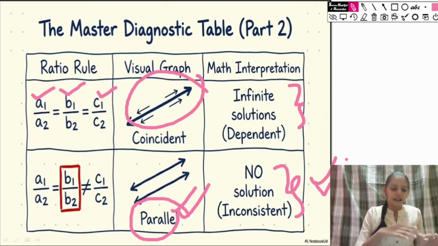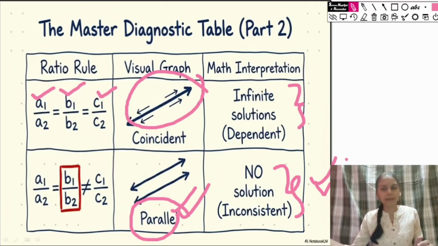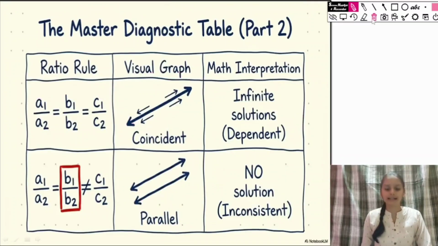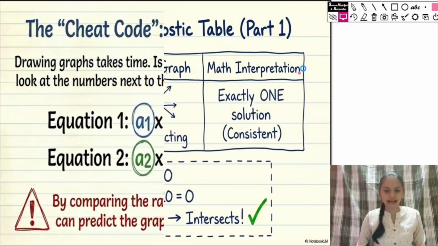First of all, we saw three possibilities in lines, and then three possibilities in ratios, and then we linked them: what type of ratio gives what type of line. These are the things you must remember properly, because they will come in your exam. At last I'll show you this slide.